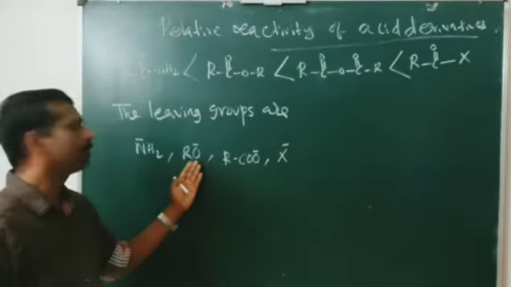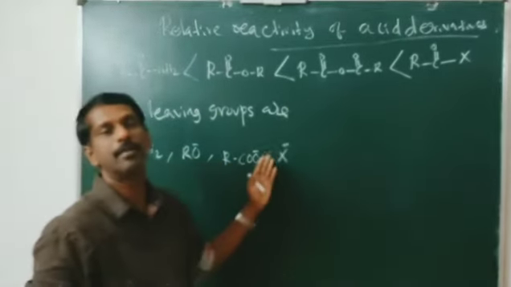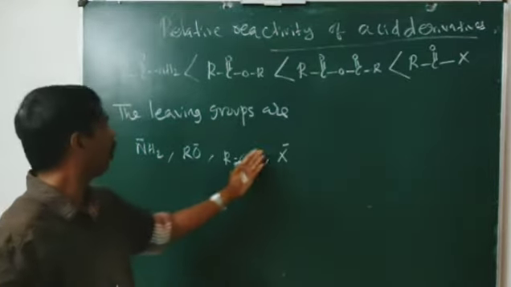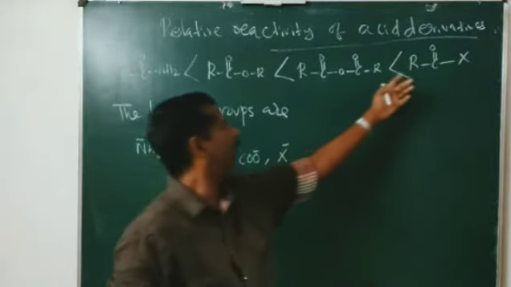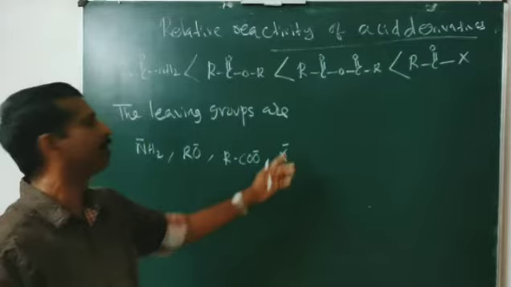From ester the leaving group is RO minus. From anhydride the leaving group is RCOO minus, and from acid chloride or acid halide, the leaving group is X minus. These are the leaving groups from different acid derivatives.